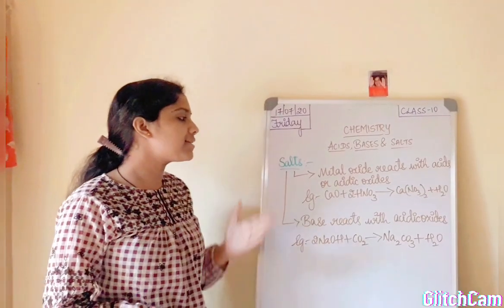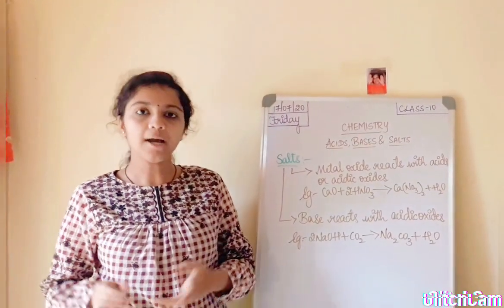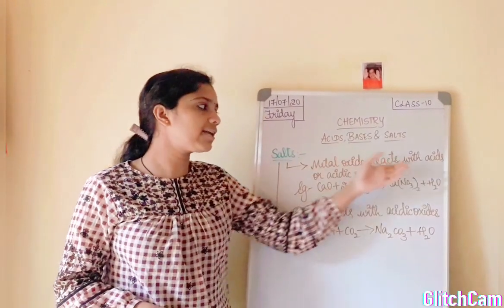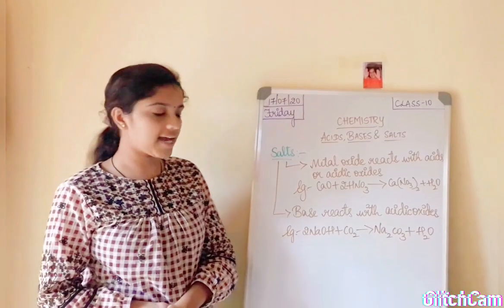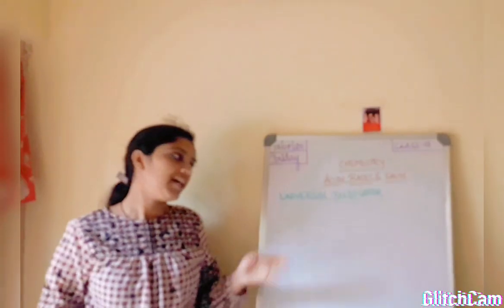So, salts are formed in three ways. Metal plus acid gives metal salt plus hydrogen gas. Salts are also formed when a metal oxide reacts with acids or acidic oxides, and when a base reacts with acidic oxides.